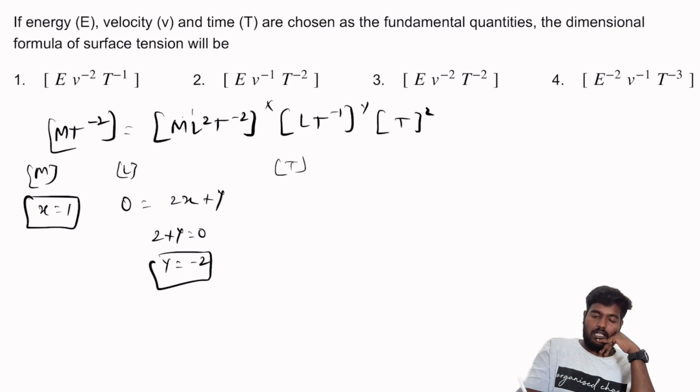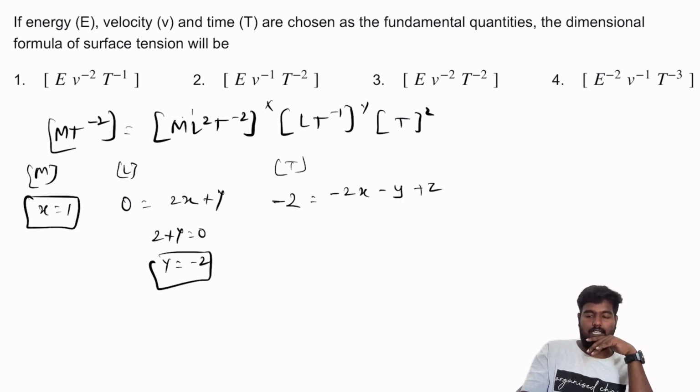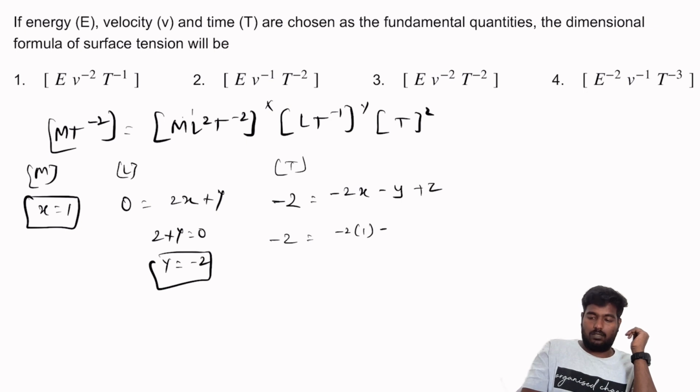And z: T^-2 this side is equal to minus 2x minus y plus z. We know that x is 1, y is minus 2. If we put it in, minus 2 equals minus 2 into 1, minus 2 plus z. So minus 2 equals minus 2 plus 2 plus z.